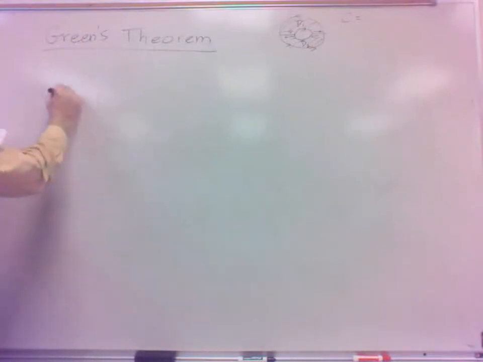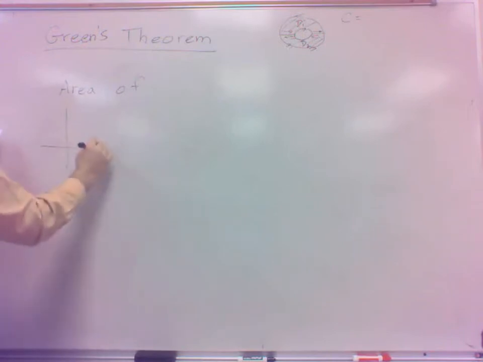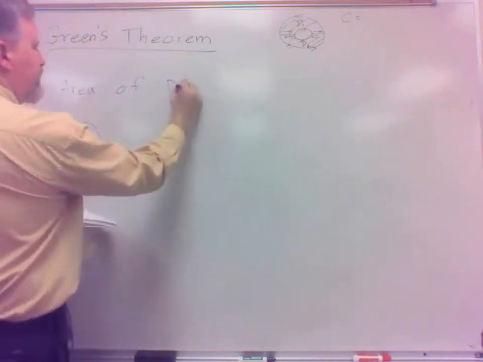All right, so we know that if we want to compute, say we've got, I'm trying to find the double integral over some D there, okay? Well, the area of D, do you remember how we did that?